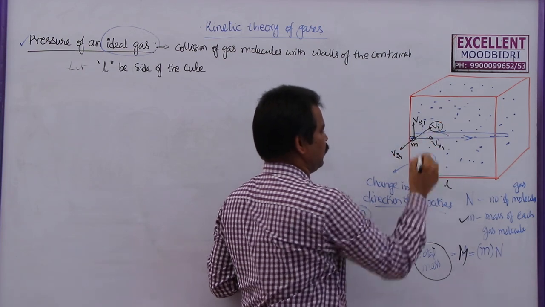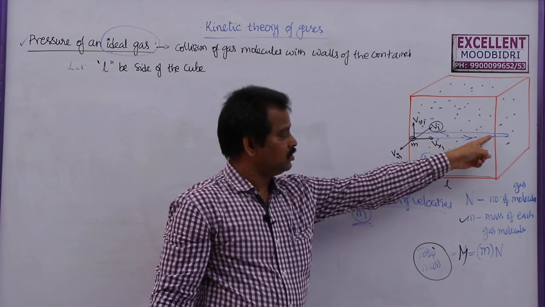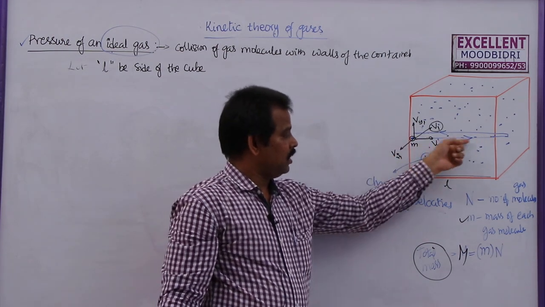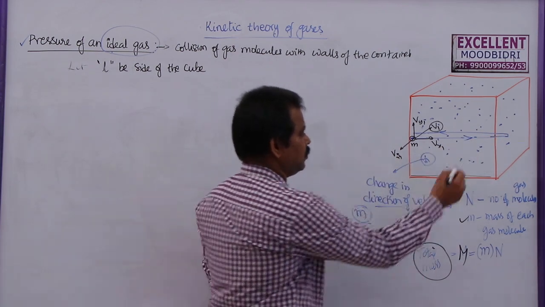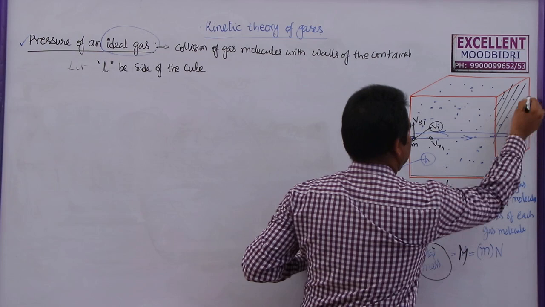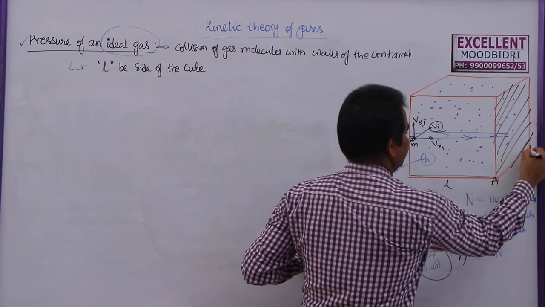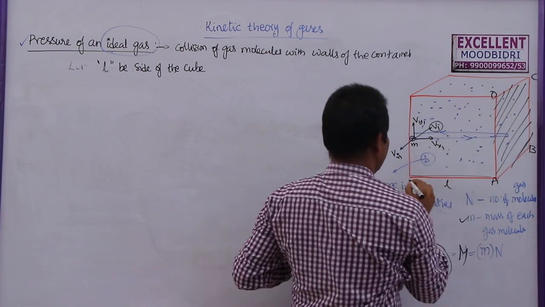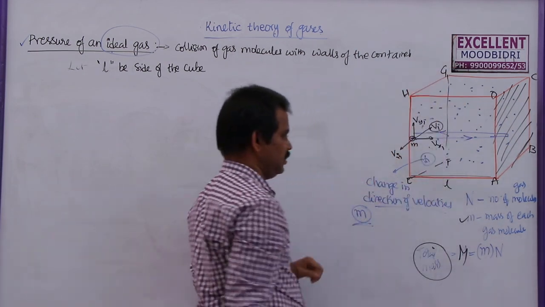So let me take the velocity which is along this path, striking that wall and coming back. In our case, this is the face with which this molecule is going to collide. So let me take it as A, B, C, D. This is E, F, G, H, like this.